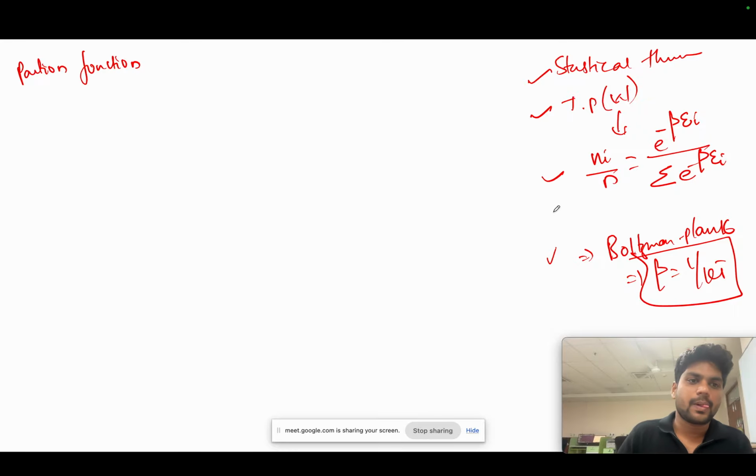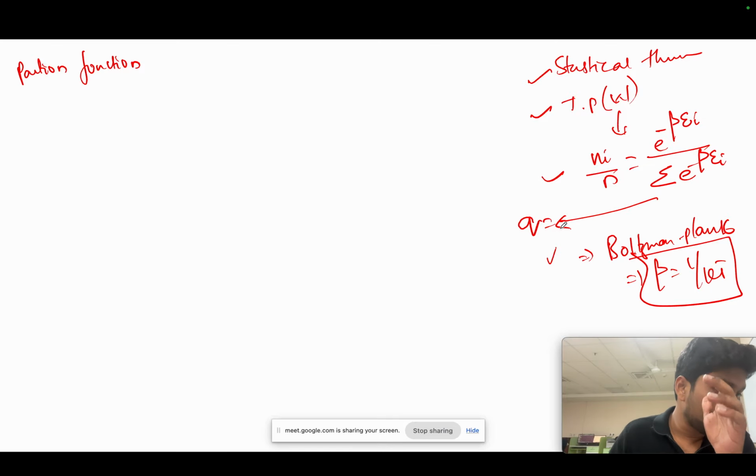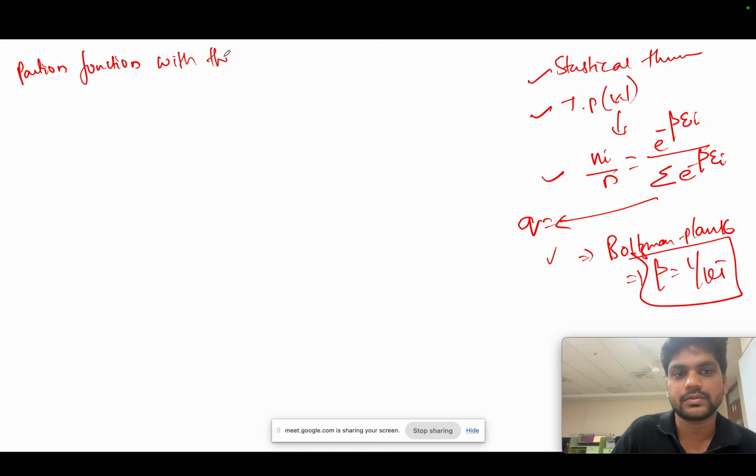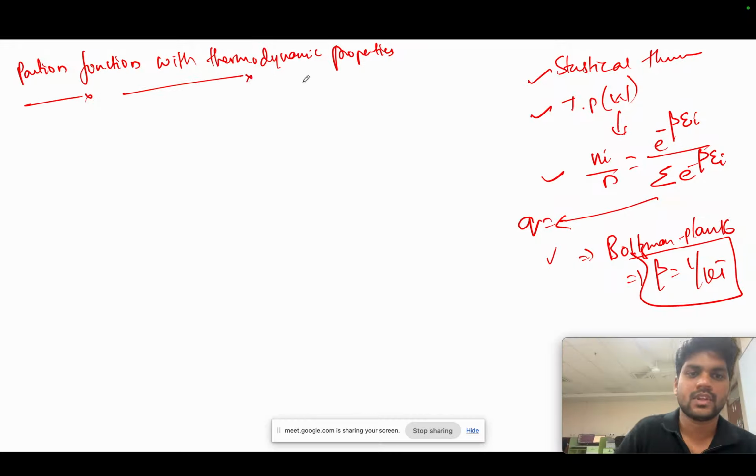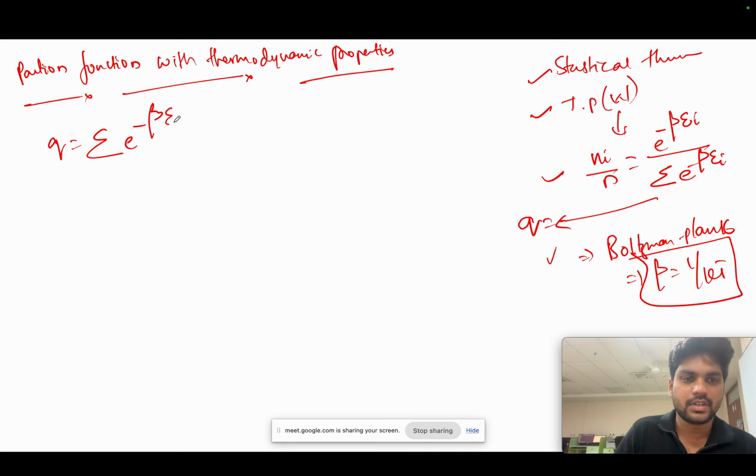Okay, so as of now we have discussed these 4 topics, just to give the outline of what we have discussed. Now we have already discussed what is partition function, so we call it as partition function. So from here, how can we use the partition function with thermodynamic properties? For this we know that e to the power minus beta, I will write the beta first.